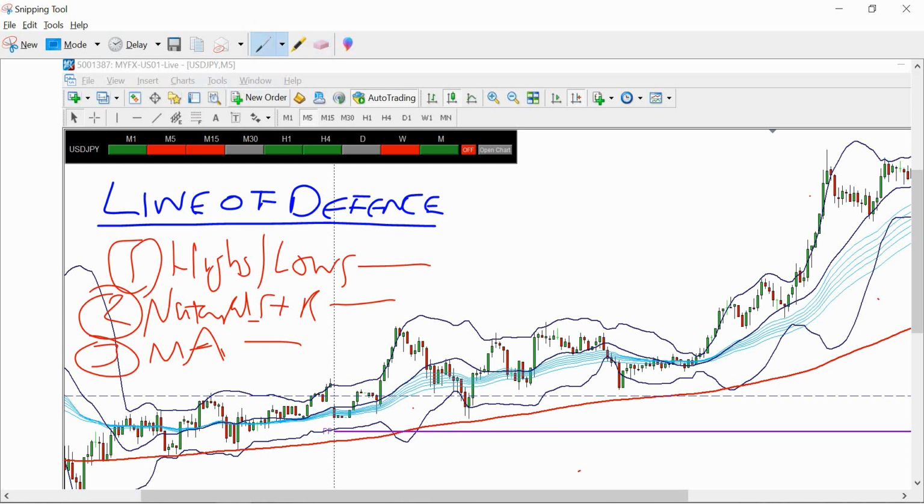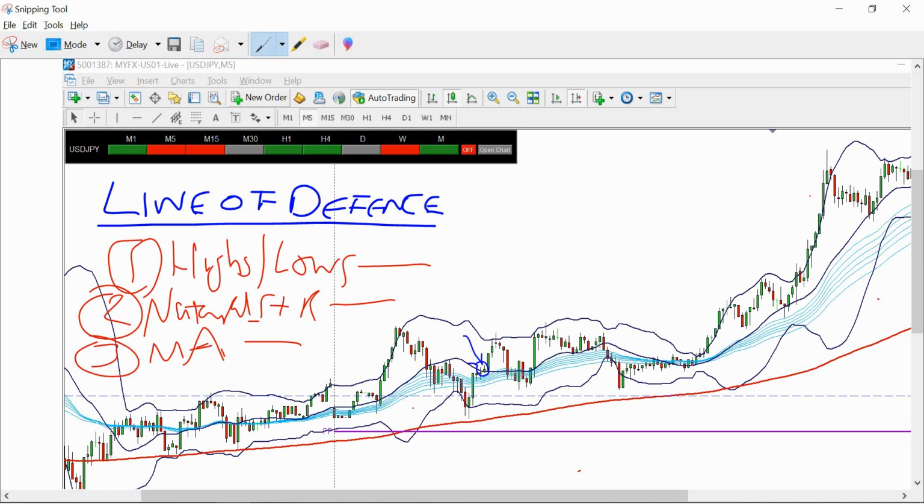So as I said, we wait for price to touch the lower Bollinger Band, and then this little bar over here would be the entry signal just above the middle Bollinger Band.